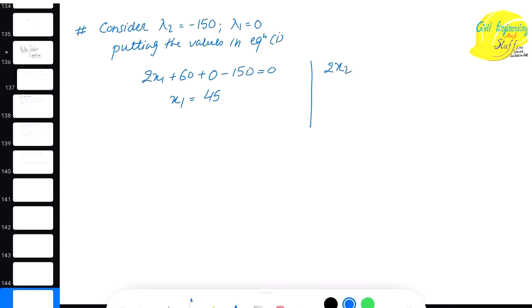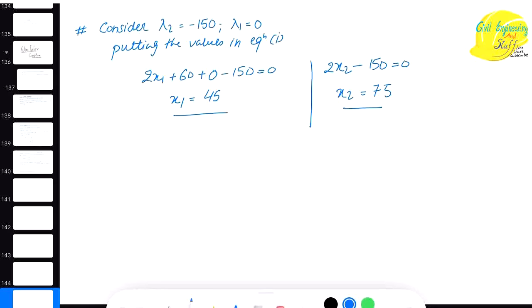We don't have any lambda 1 variable, so we need not put the value. Then we have minus 150, that is equal to 0. So x2 will be 75. So our x1 point is 45, x2 is 75, right?